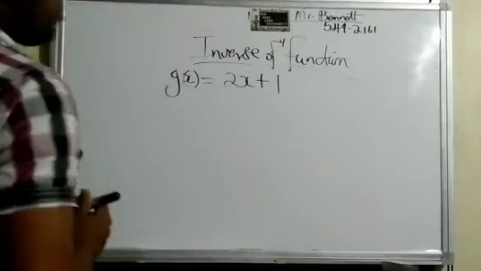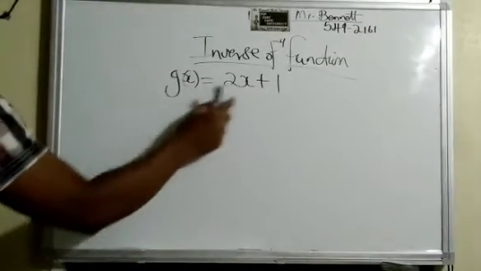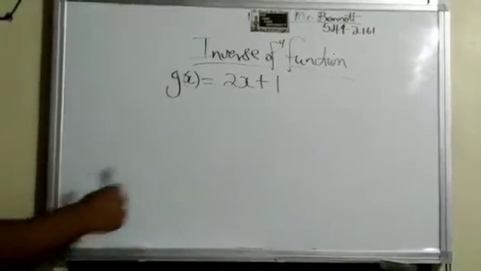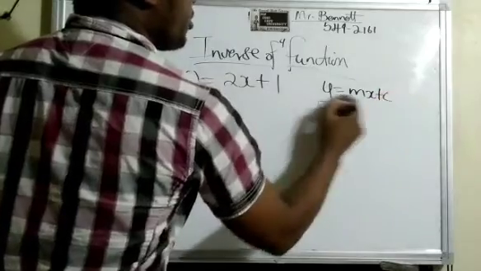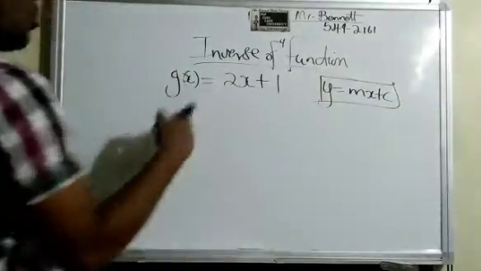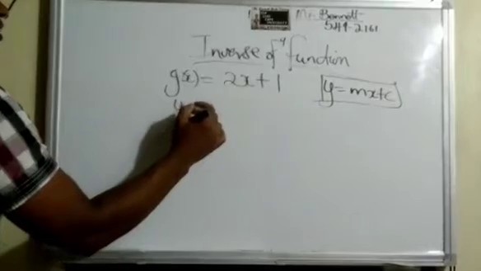As I said before, basically this is a straight line graph, 2x plus 1. This is in the form y equals mx plus c. Remember that. So this is a straight line graph, right? So we can change the g to y.